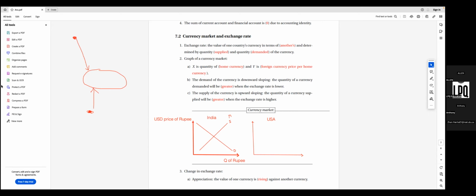The supply curve models the behavior of rupee holders. Everybody in India is a rupee holder, but why do you come into this market? Why do you supply your money into a foreign currency exchange market? Because you want to buy USD. Is that right?